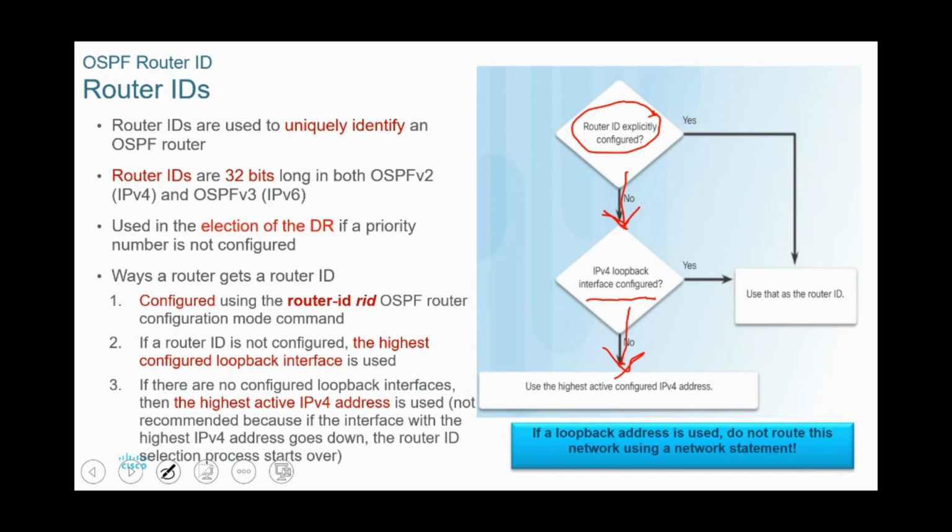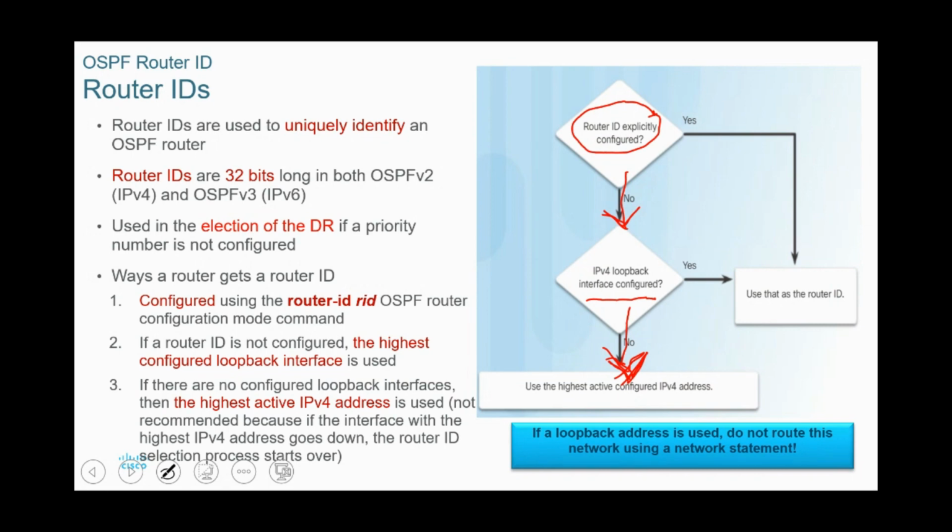If a loopback address is used, do not route this network using a network statement. The router ID determines who is the DR, who is the BDR, and so on. Again, I repeat, the DR is based on the highest router ID configured.